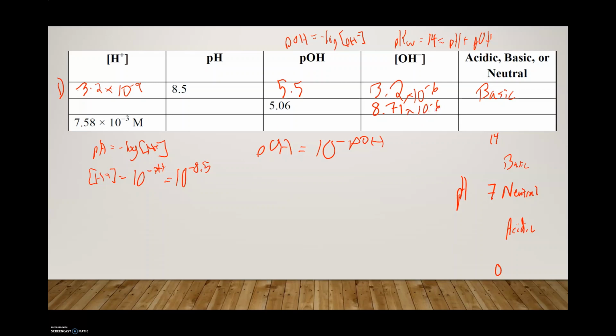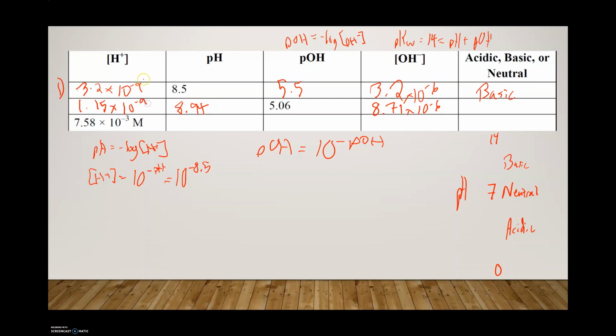To get the pH, we'll just do 14, subtract the 5.06, and that gives you 8.94. And then to figure out the hydrogen concentration, we do 10 to the negative 8.94, and we get 1.15 times 10 to the negative 9.